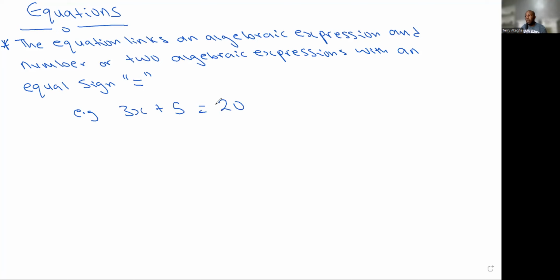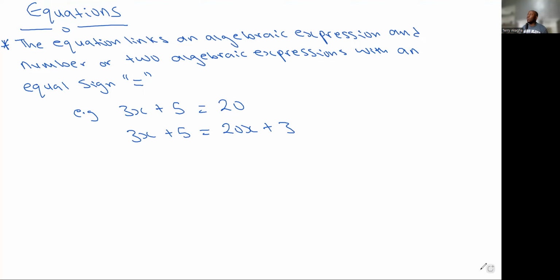This is an equation because of the equal to sign. Or you can have two algebraic expressions, something like 3x plus 5x is equal to 20x plus 3. This is also an equation. The key is that we have the equal to sign linking both of them together, all right?